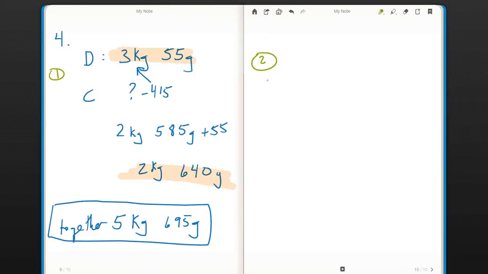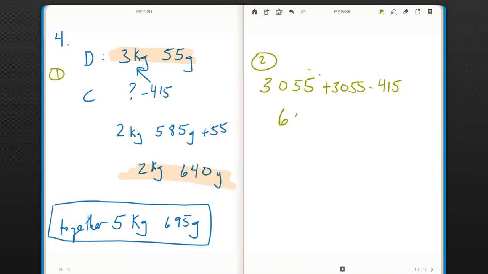Another option would be to realize if I took the duck, I might even just make them into grams just because it's easier, and I doubled it, and then I subtracted the 415 because it's easy to double something, and subtracting the 415 afterwards is fine and dandy too.